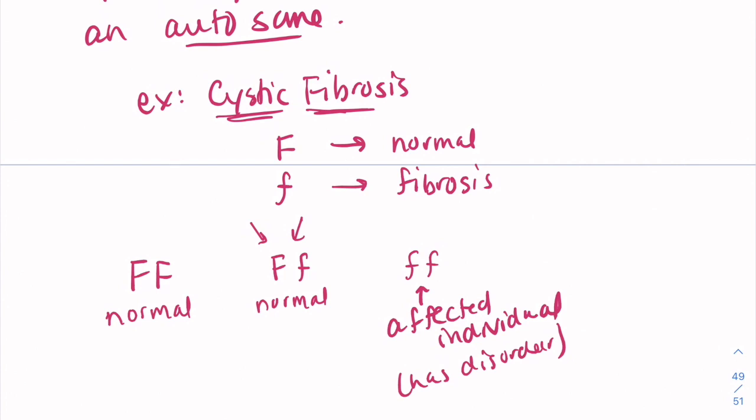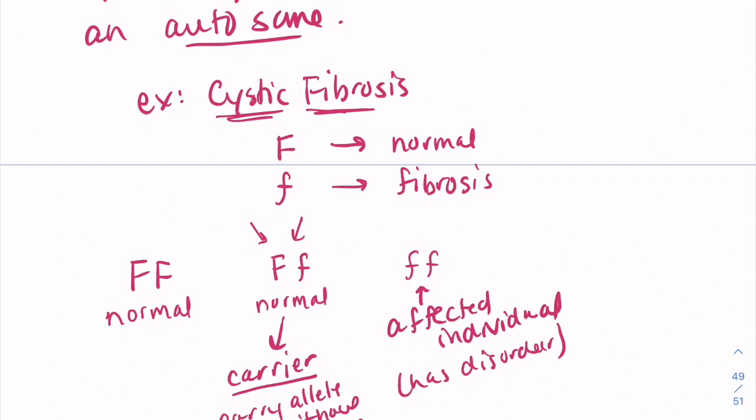And here's where someone in class will usually say, oh, they're a carrier. Yes, they are a carrier of the disorder. For someone to be a carrier of something, it means that they carry the allele for it, but they don't have the disease. They carry the allele, but don't have the disorder. Right? They're a carrier.